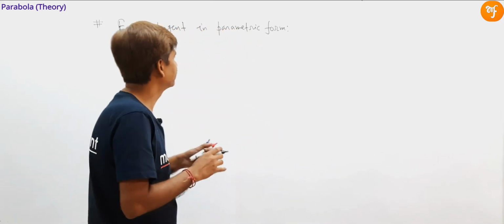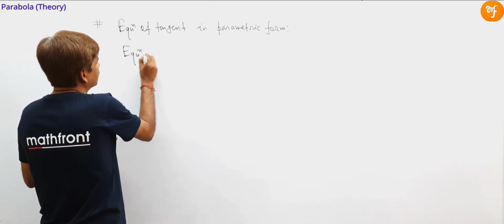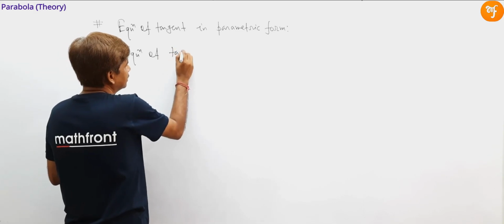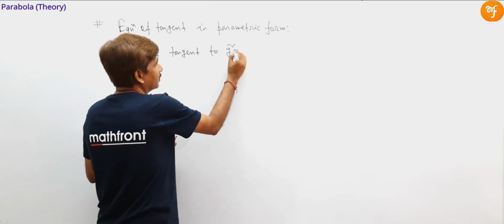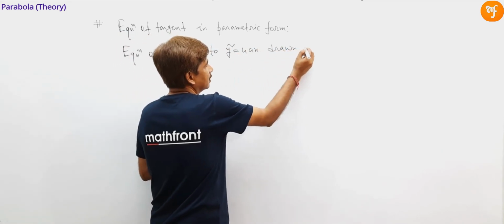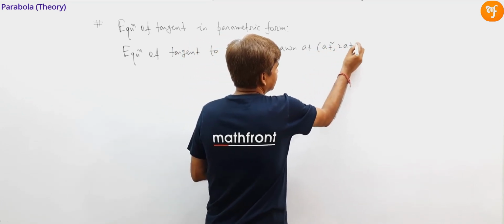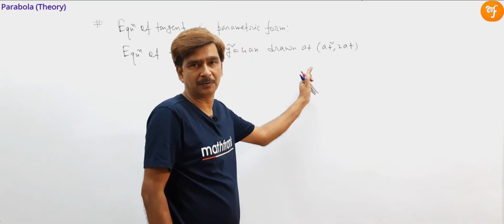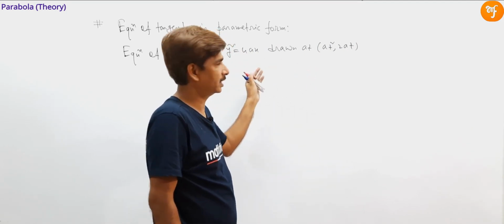So look, the equation of tangent to y square is equal to 4ax drawn at at square comma 2at, that is, the point of contact is at square comma 2at, and we have to draw the tangent to y square is equal to 4ax.